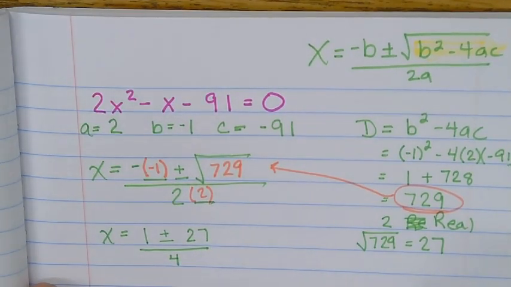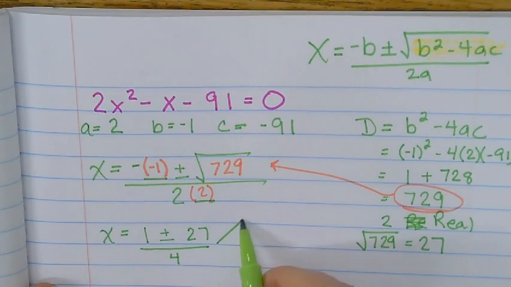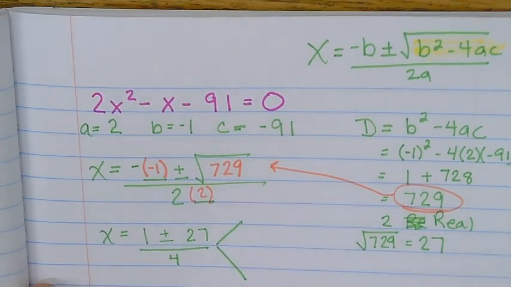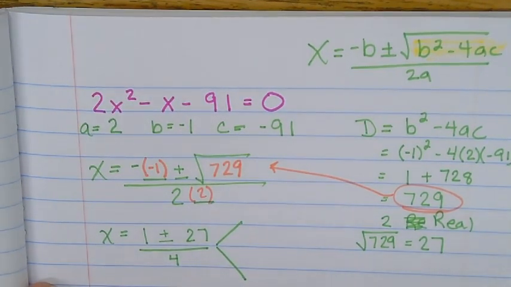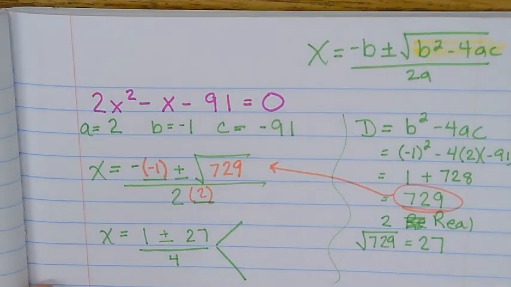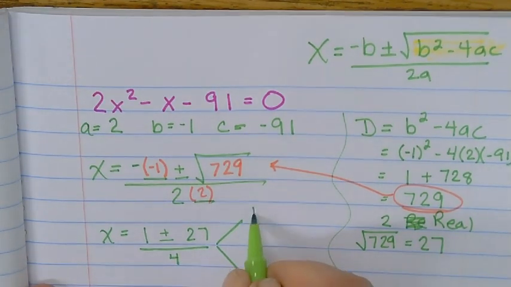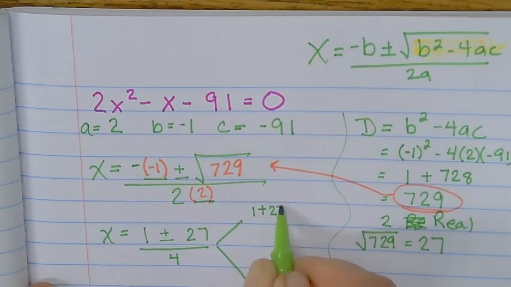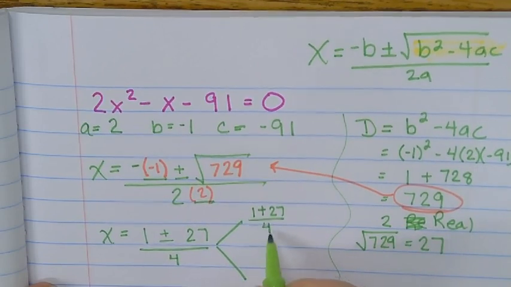Now we're at the point where we can split it. It kind of took a little bit less steps doing it this way, finding your discriminant first. So we'll do 1 plus 27 over 4 and 1 minus 27 over 4.